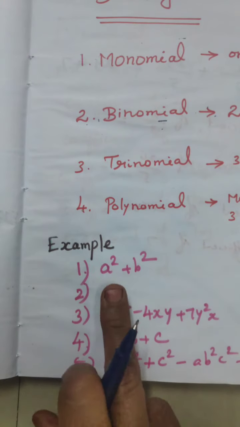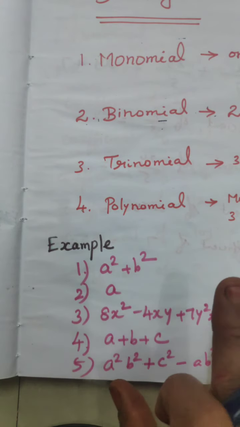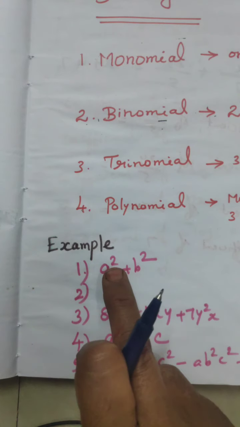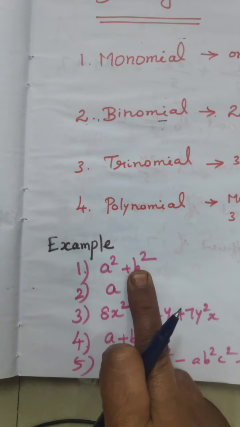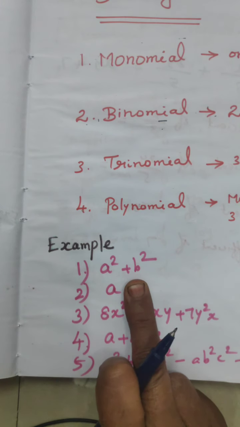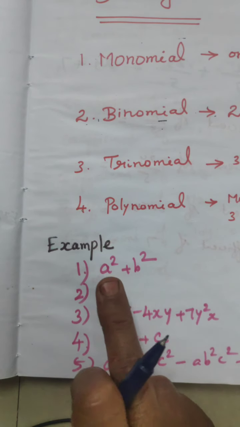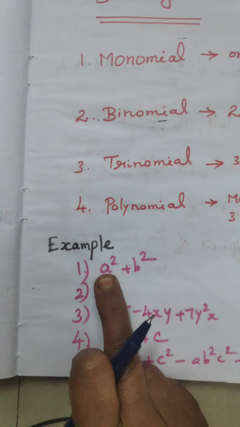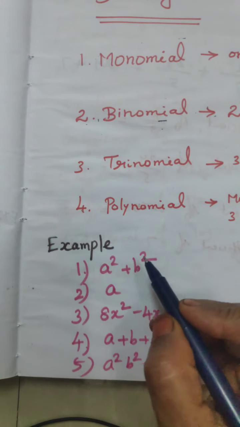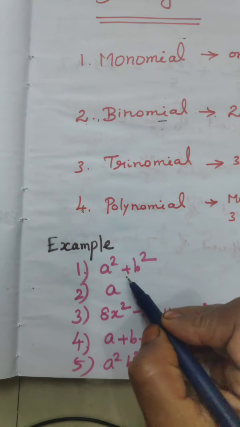Example, a² + b². How many terms are there? This is one algebraic expression. What is the meaning of expression, you know? So this is called one algebraic expression. All the letters must be used in small letters. Now how many terms? a² is one term. The second term starts where a plus symbol is there.